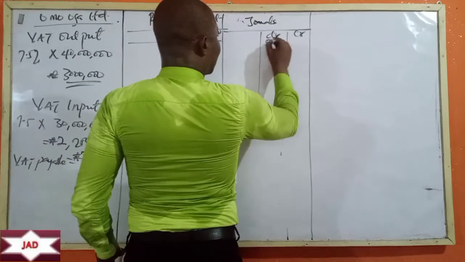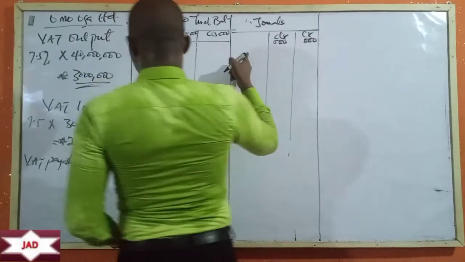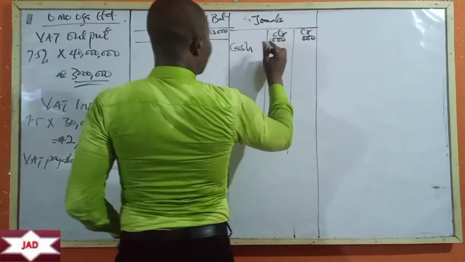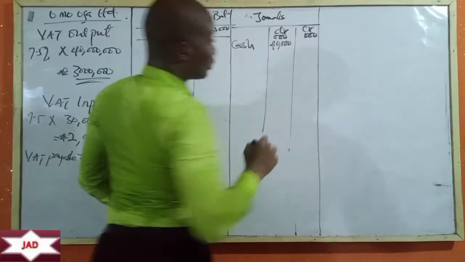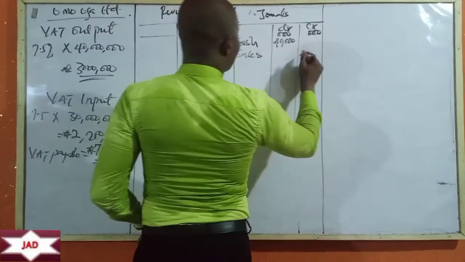So let's take it in thousands. You made sales, right? So you debit cash. Your sales will be 40 million, which is 40,000 there, and then credit sales there.